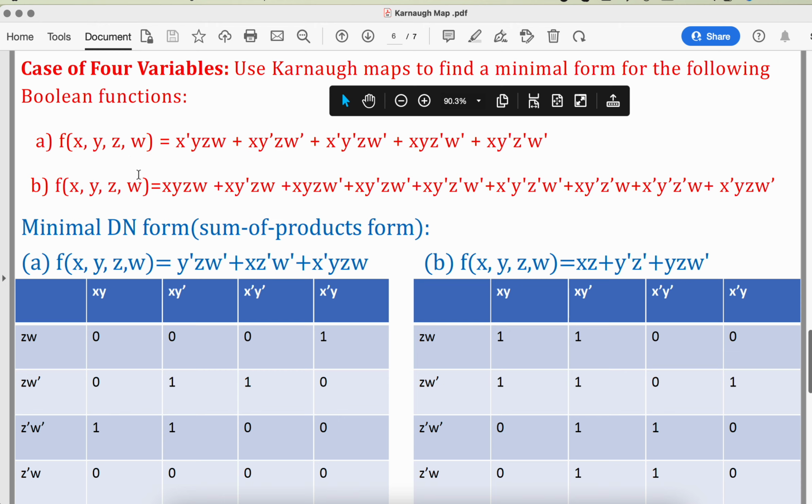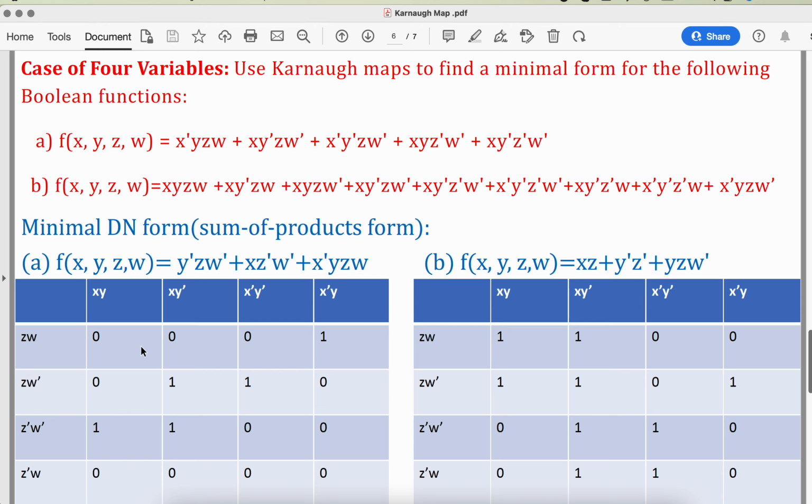Here we have 4 variables, meaning 2 raised to power 4, so 16. So this Karnaugh map contains 16 squares, 1, 2, 3, up to 16.